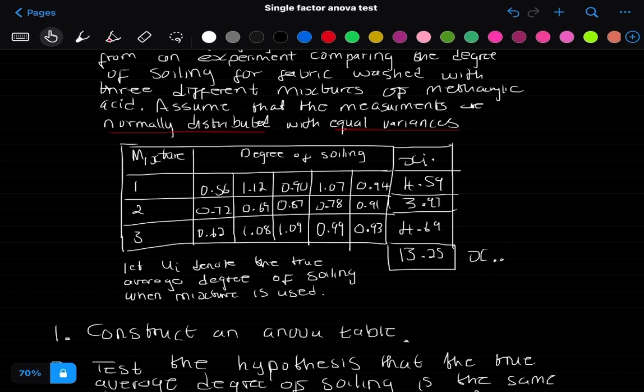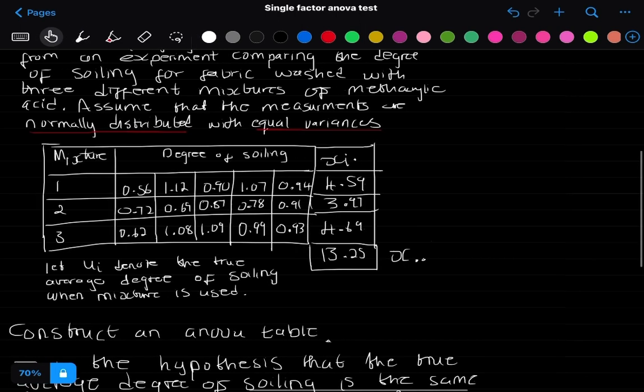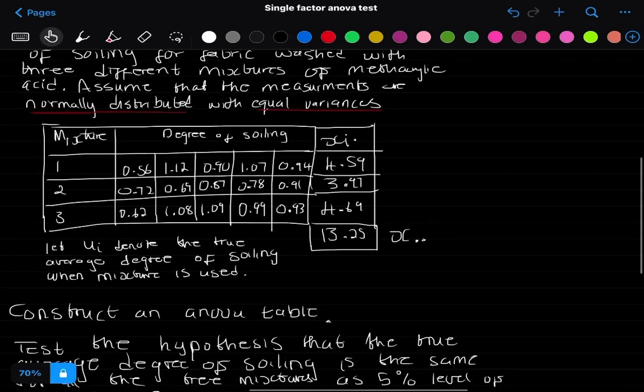Okay, fine. Now the formulas that we are going to use are these ones that are familiar with our calculations. So basically we have this formula SST, which is the total sum of squares.